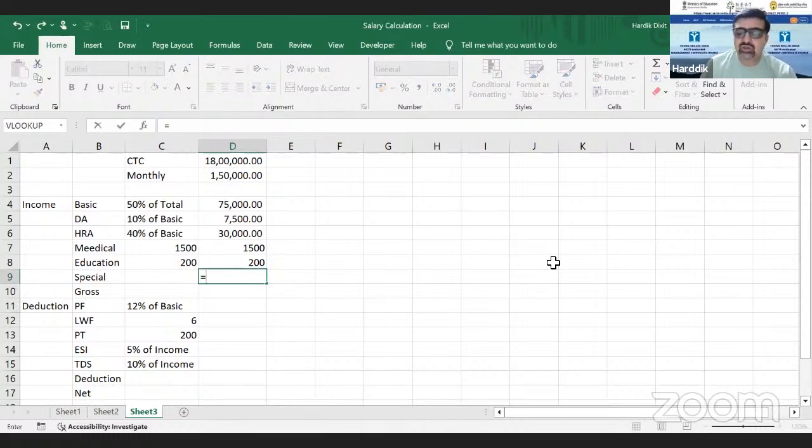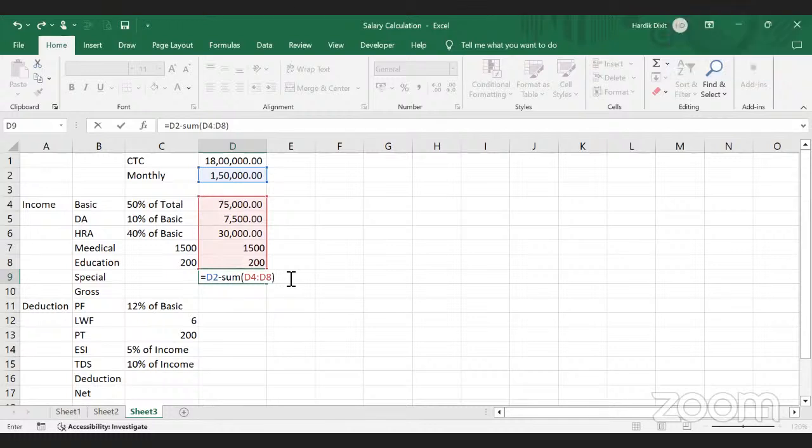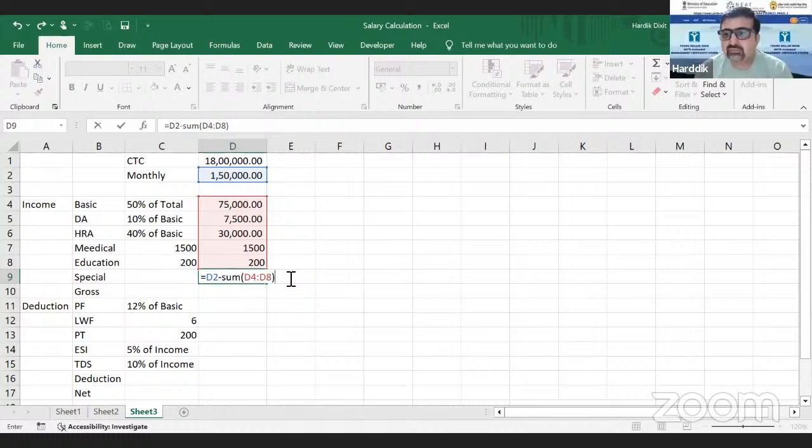Now your special allowance will be what? It will be your monthly remuneration minus all this. कितना आएगा आपके केस में? उसके बाद फॉर्मूला हिट करेंगे.